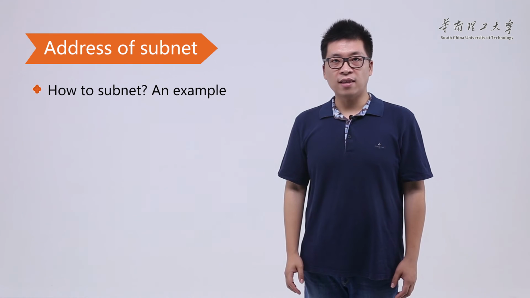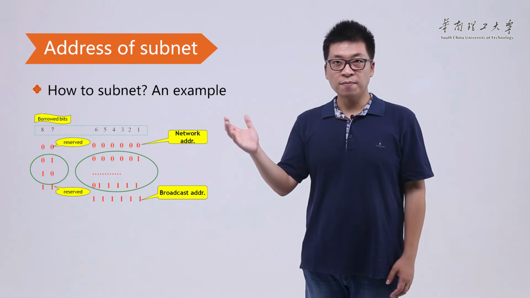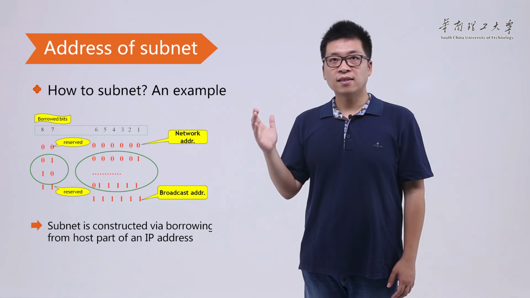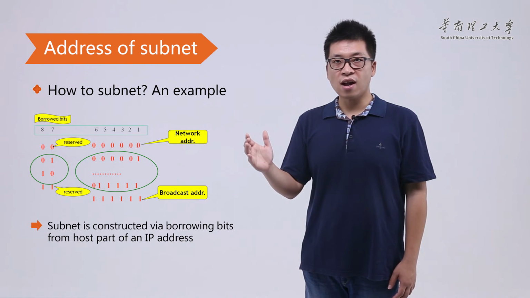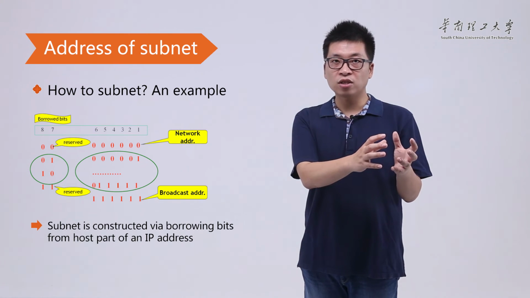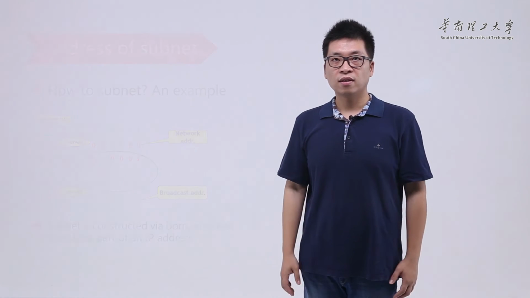How to do subnet? We use an example here to explain the steps of subnetting. Subnet is constructed via borrowing bits from the host part of an IP address.